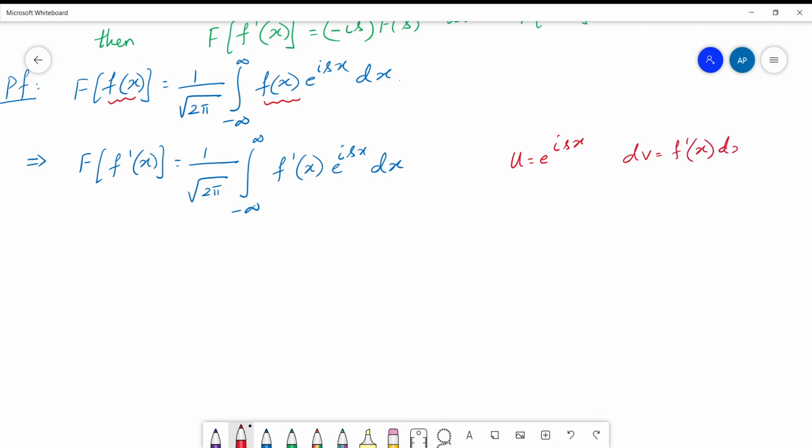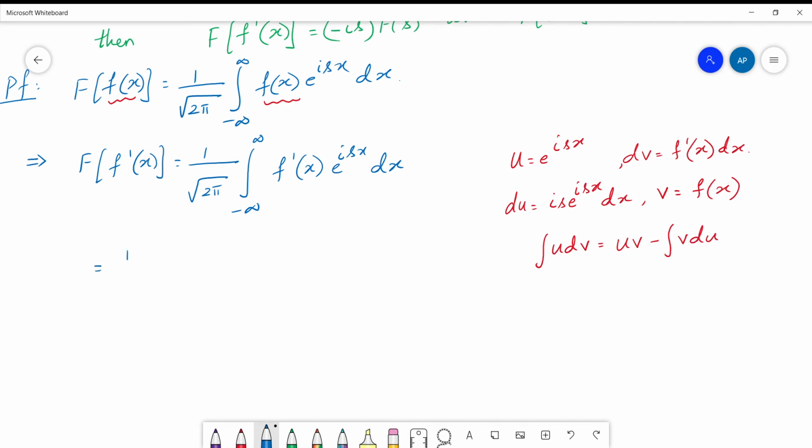As all of us are aware of integration by parts, in this case du will be is into e power isx into dx, whereas v will be equal to f of x. As the integration by parts formula says, integral u dv is equal to uv minus integral v du. We shall now substitute this in our right hand side and see what we get.